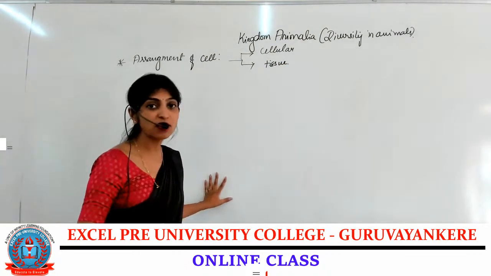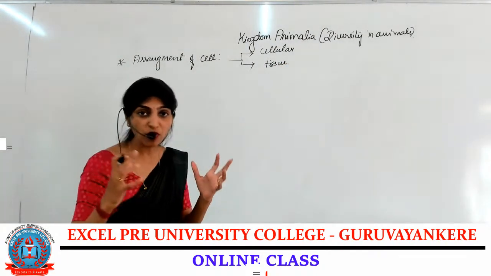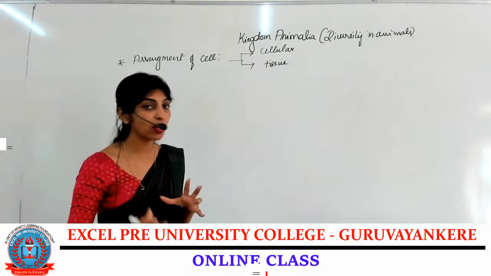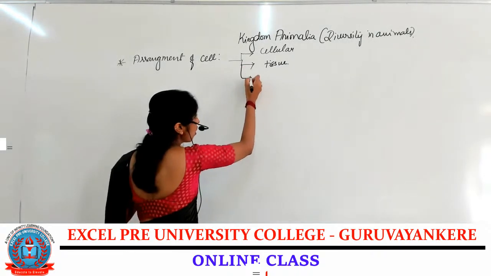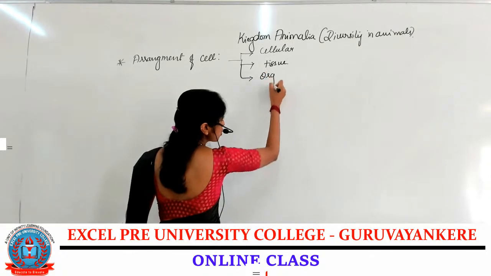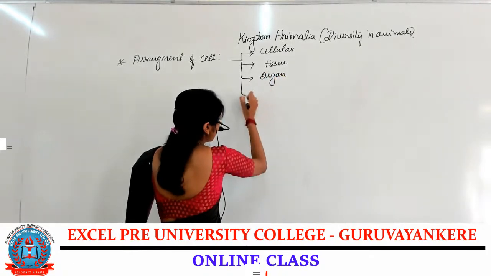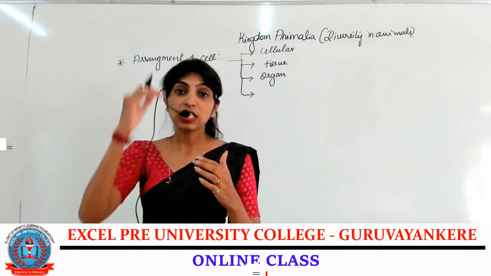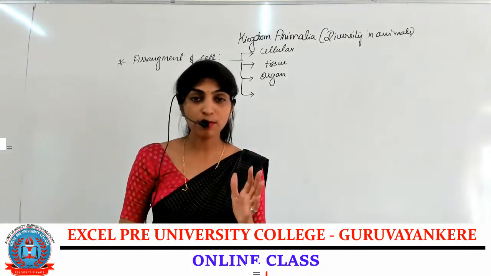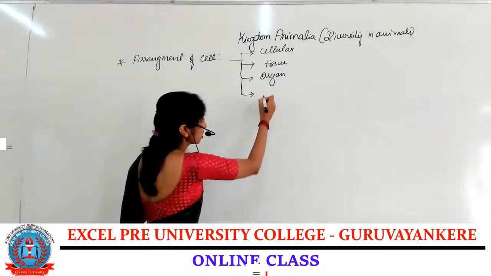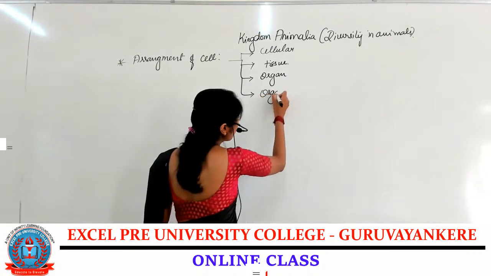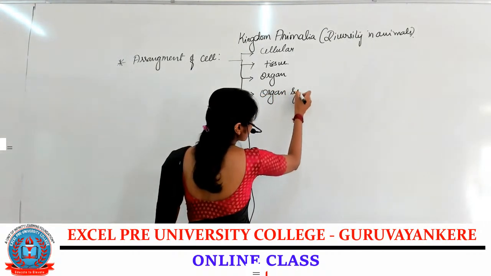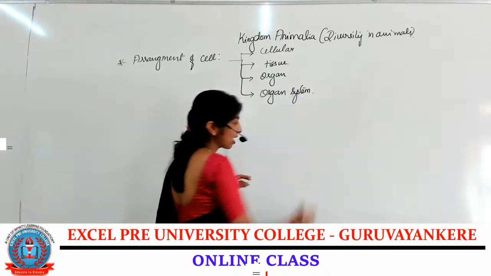In the next level, a group of tissues combine to form an organ, giving the organ level of organization. And in higher organisms, like mammals, different organs combine to form an organ system level of organization. This we have studied in the last class.